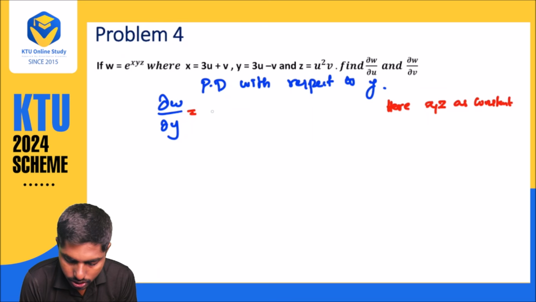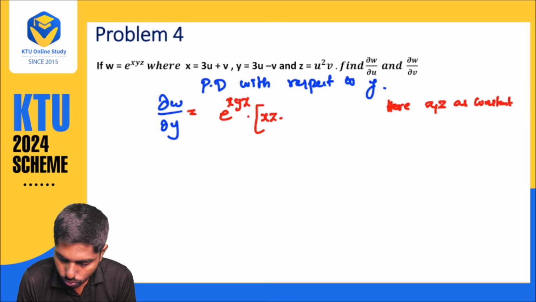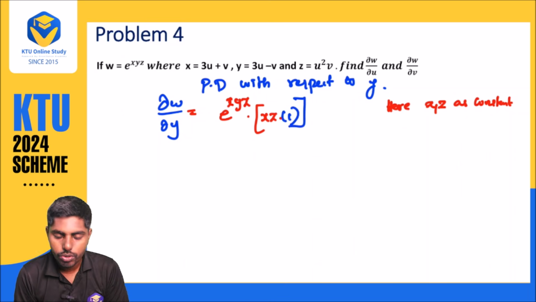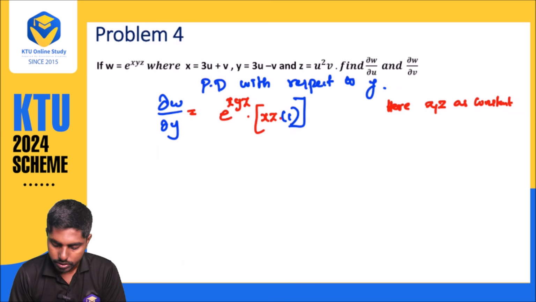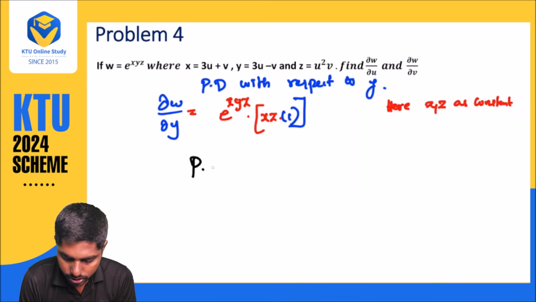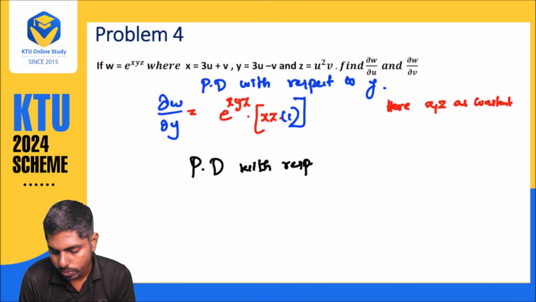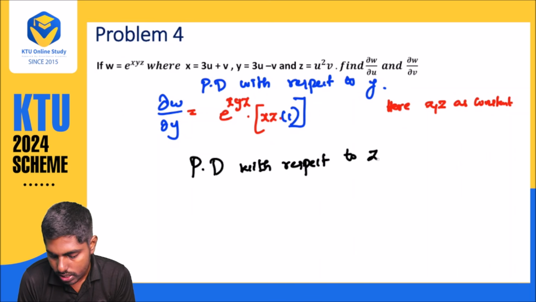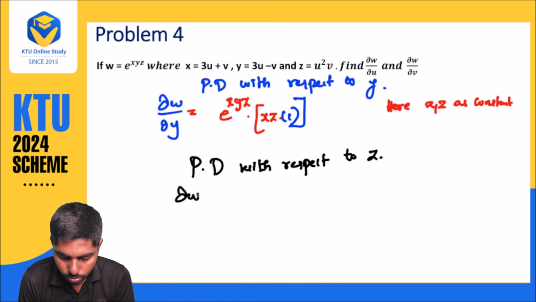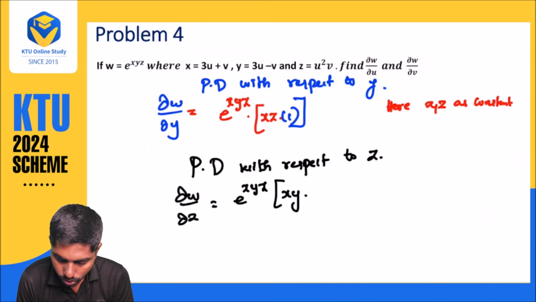We will be getting e power of xyz into xz into 1, because the derivative of y is 1. Now the partial derivative with respect to z: dou W by dou Z is equal to e power of xyz into xy into 1.